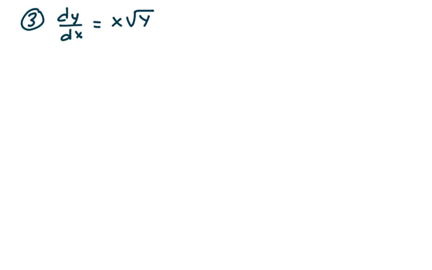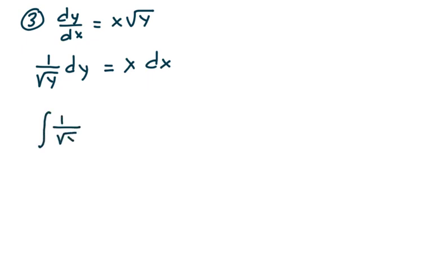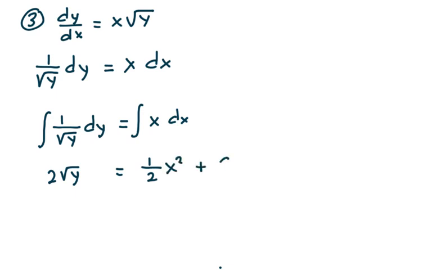So I'm going to write this as 1 over the square root of y dy is equal to x dx. Integrate both sides. So the integral of 1 over the square root of y dy is the same as the integral of x dx. So 2 square root of y, that's the integral of the left-hand side, is equal to 1/2 x squared plus some constant c.